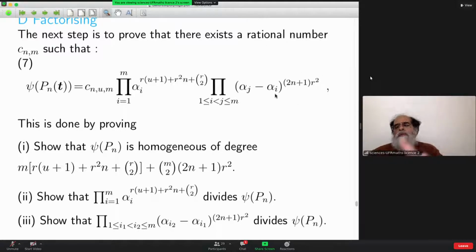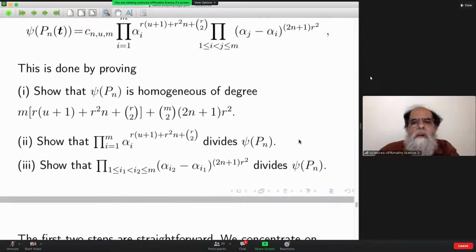So if you just specify two lines, say alpha 1 and alpha 2, you need to say that if alpha 2 specializes to alpha 1, the determinant vanishes with this multiplicity. So you need to differentiate this determinant to this power and show that it's actually equal to 0. Okay? So this is the last step.